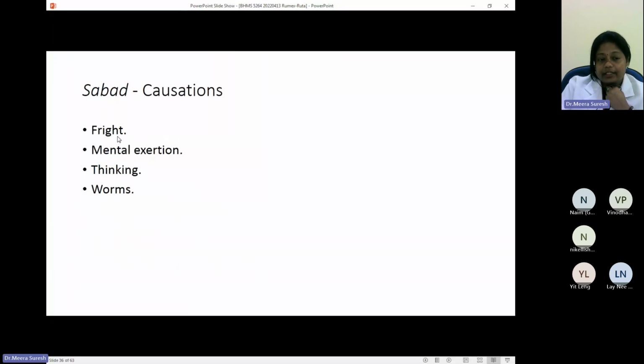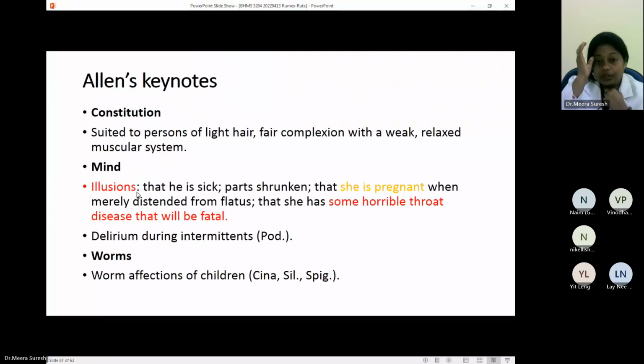The causation is mainly thinking, because when we go to the symptoms, we'll see that they have lots of thoughts, so many illusions. So the ailments are also from mental exertion, fright, and thinking. Another one is worm complaint.